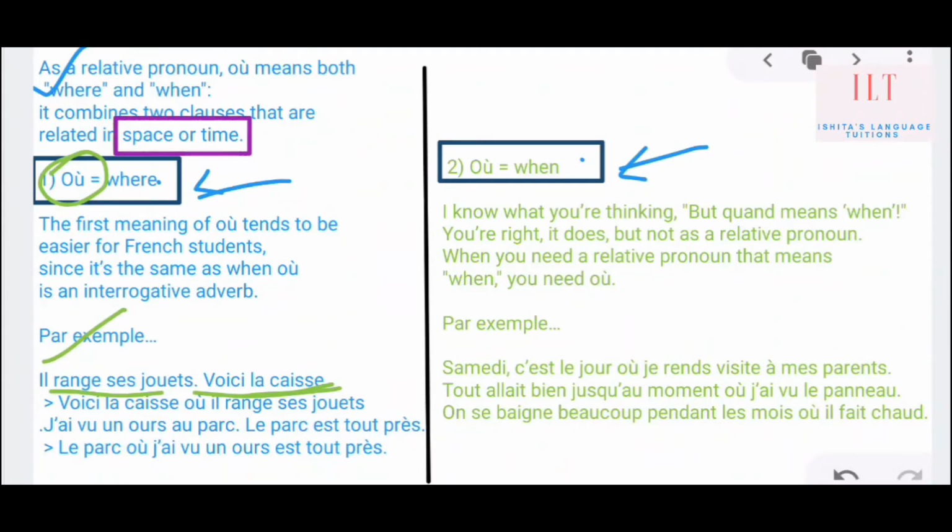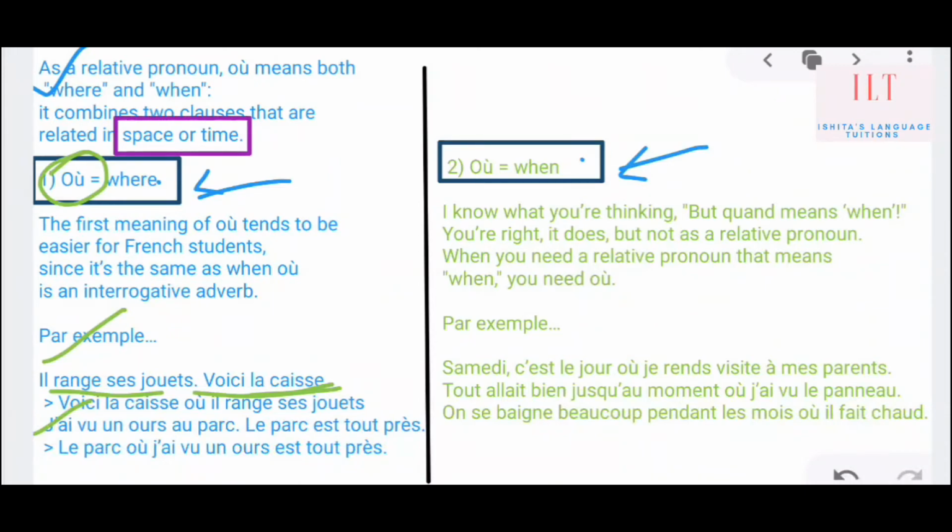One more example. J'ai vu un ours au parc. Le parc est tout près. So I saw a bear at the park. The park is very near. Again, here we are talking about the place. So on peut dire le parc où j'ai vu un ours est tout près.